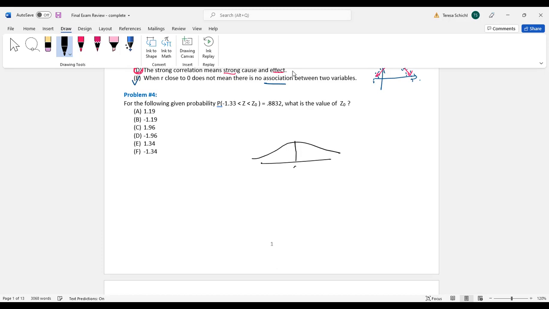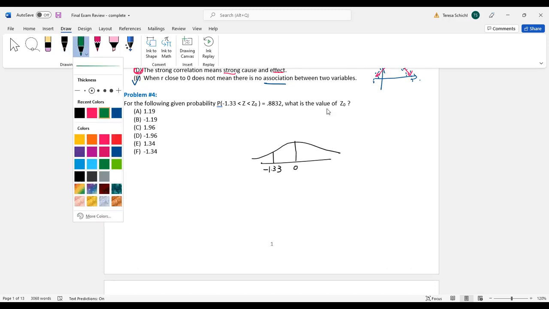So here, this is 0, this is negative 1.33. From negative 1.33 to Z0 the area equals 0.8832, so I need to decide where my Z0 is. Let's say here, this is my Z0.